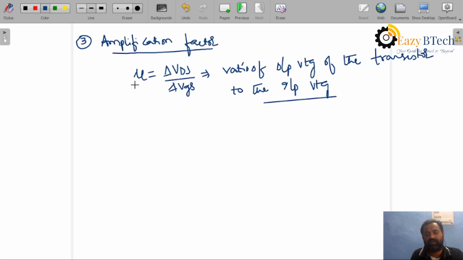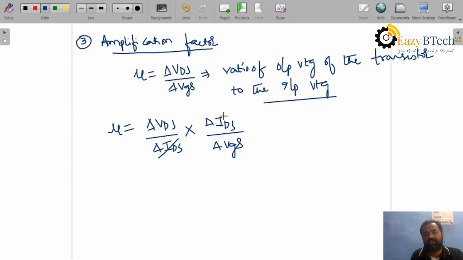We may write mu is equal to change in VDS by change in IDS into change in IDS by change in VGS. Now IDS gets cancelled, and you get change in VDS by change in VGS only.